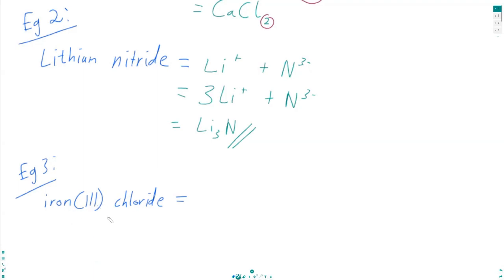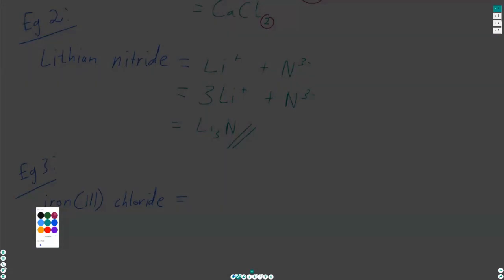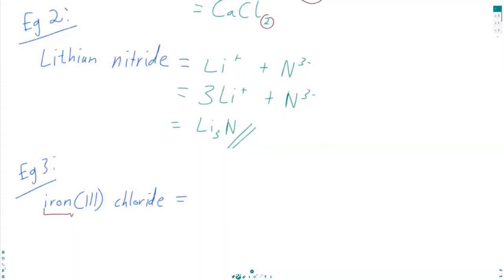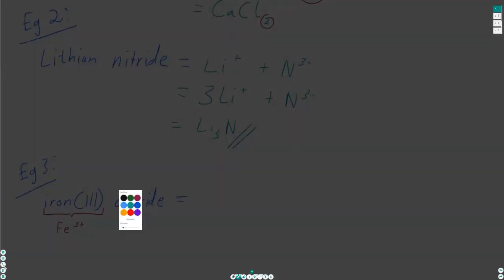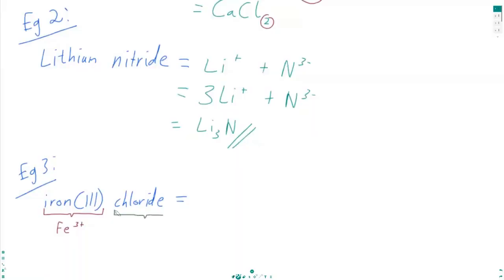Okay then, you should have worked out that the iron 3 means that we're working with the Fe3+ ion. And obviously we already know that we're working with the Cl- ion.